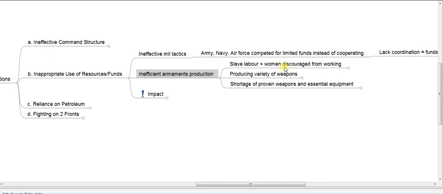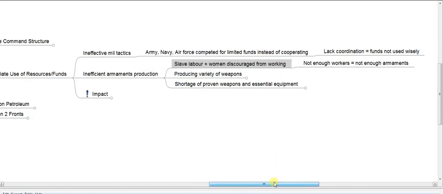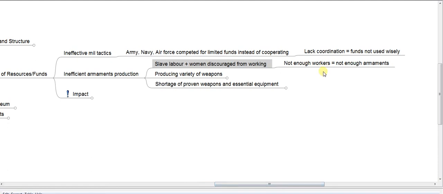Basically, being good wives and good mothers. So they were discouraged from working, and there were not enough workers in the armament production factories. And when you don't have enough workers, you don't have enough armaments. This really weakened the German war effort and added to the problem of being unable to sustain it, which led to its eventual defeat.